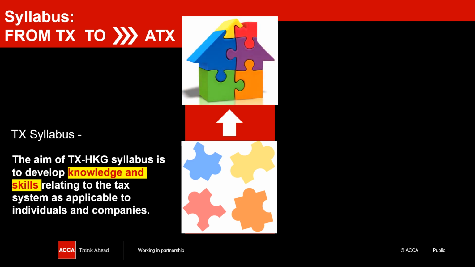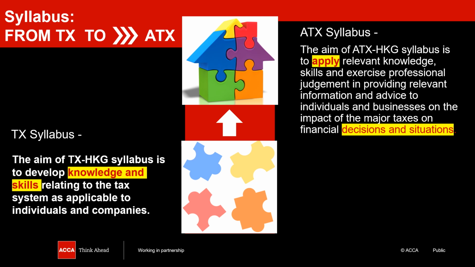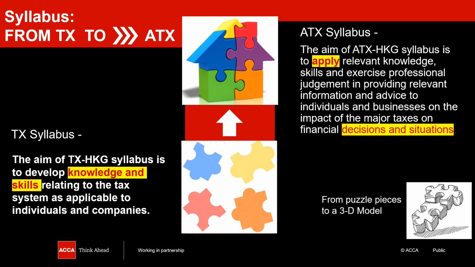For ATX, we expect you to bring the puzzle pieces together to form a 3D model. In doing this, you would need to apply the TX knowledge in different scenarios to help on financial decisions and situations. The journey from TX to ATX is just like doing the puzzles from puzzle pieces to a 3D model.